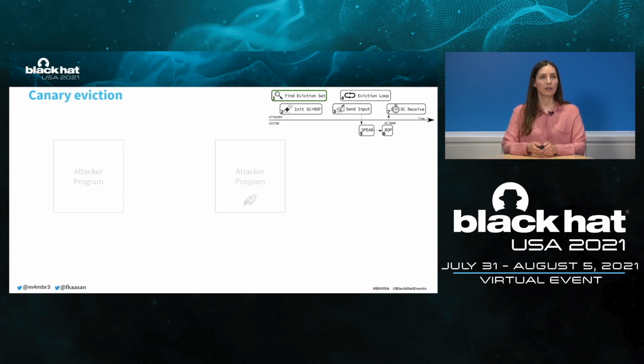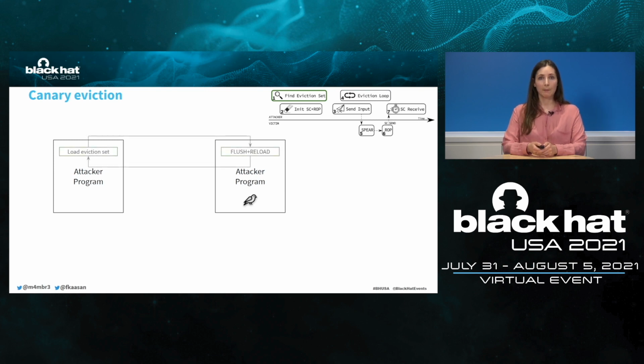We use 2 different processes for the attack that communicate through shared memory. One of the attackers, the one on the right, is compiled with SSP. They both run a synchronous loop. The first one will load one LLC eviction set, and the second one will probe the canary access time.